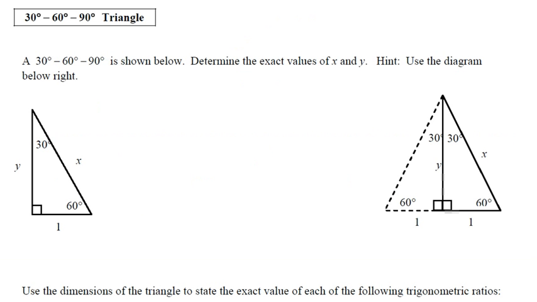Now a 30, 60, 90 triangle is shown below. Determine the exact values of x and y. Hint, use the diagram below to the right. So how's this diagram going to help us? 60, 60, 60. What kind of triangle? This side is? This side is?